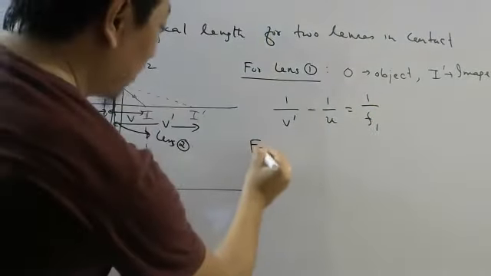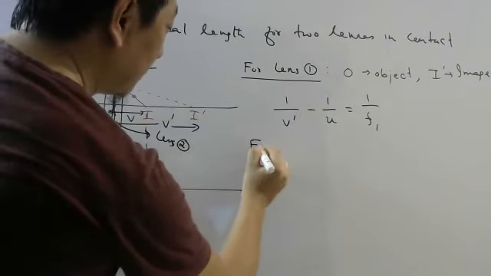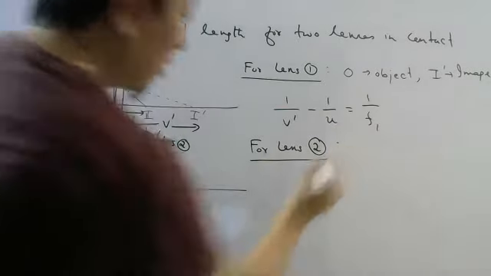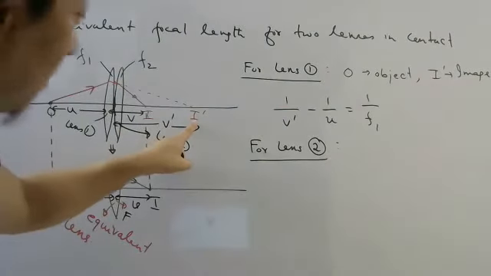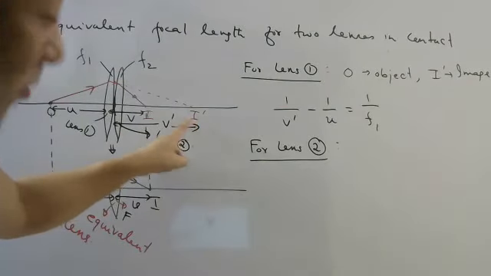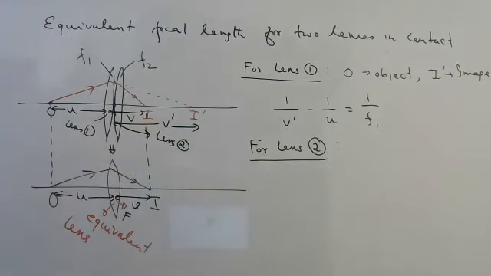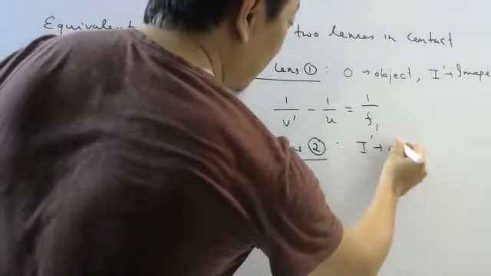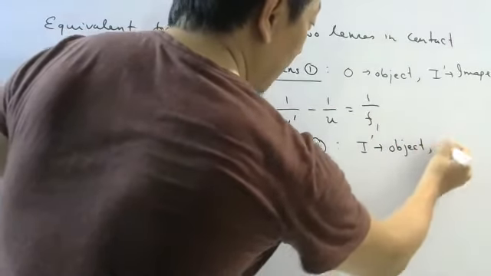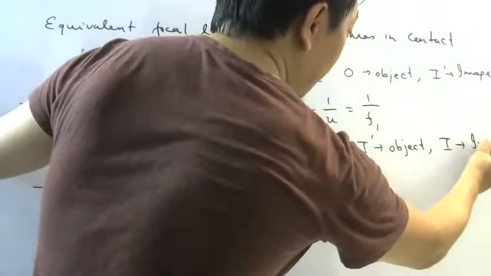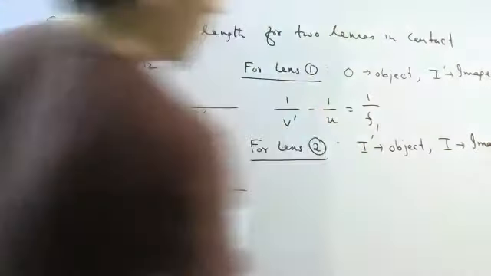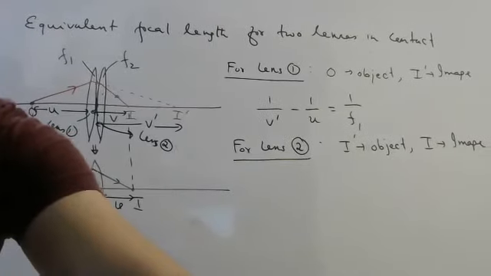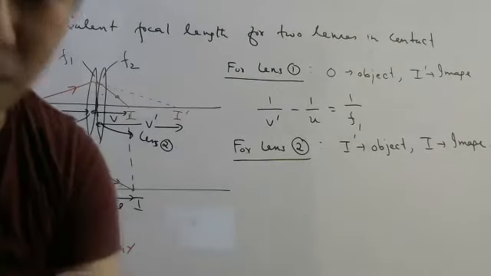Then similarly for lens number 2. For lens number 2, remember what was the idea? The image made by the first one will be the object for the second one. So now I dash will be the object and the final image will be I. Okay, so once you know who is the object and who is the image, use the lens formula, not the lens maker formula.